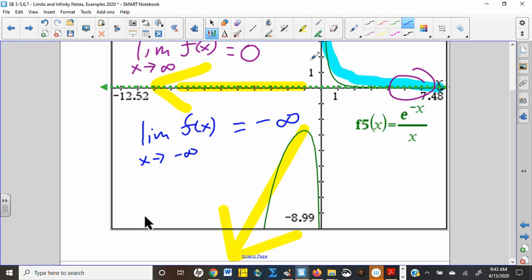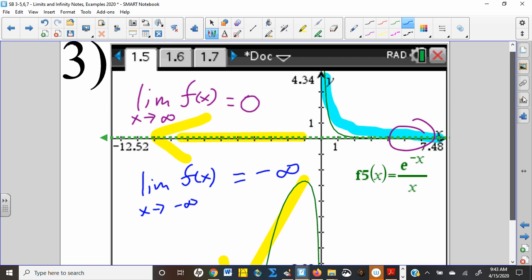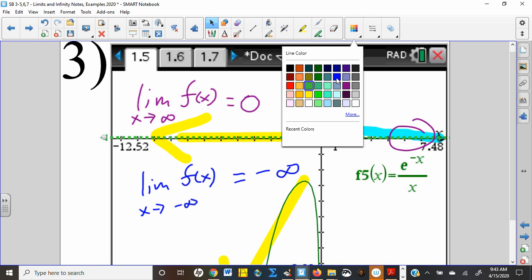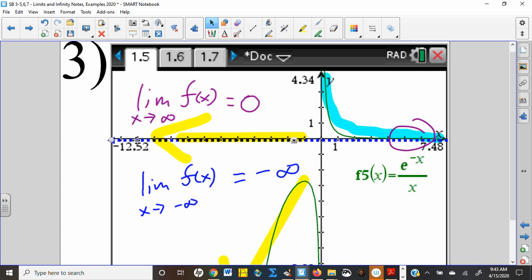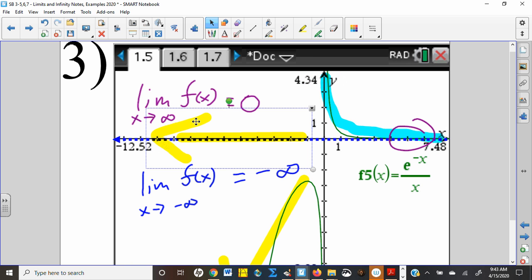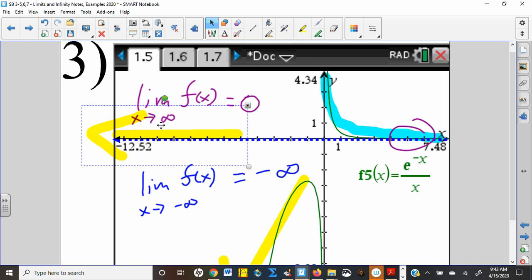part of this was part C, and that asked, are there any horizontal asymptotes? Identify horizontal asymptotes. Well, we already did. This guy right here was a horizontal asymptote, and it was at 0, right? Now notice it was not an asymptote in the left direction.